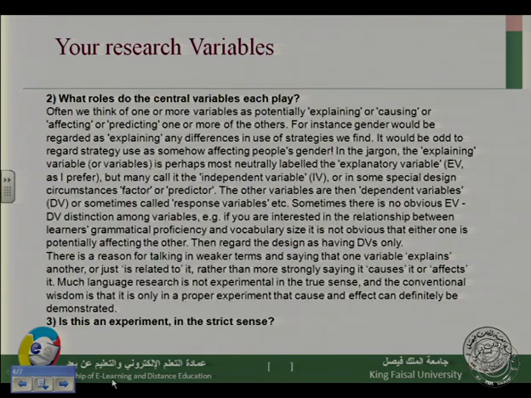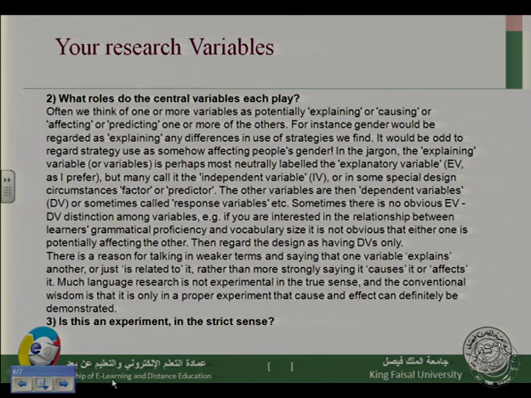The second question you want to ask yourself: what roles do the central variables each play? You need to know their role. Often one thinks of one or more variables as potentially explaining, causing, affecting, or predicting one or more of the others. This is what I meant when I talked about dependent and independent variables.